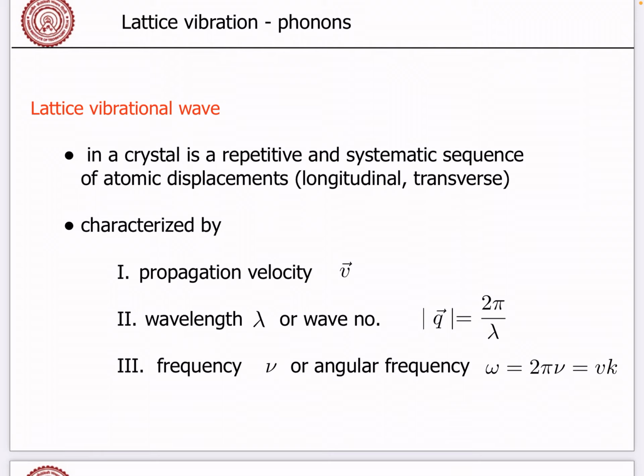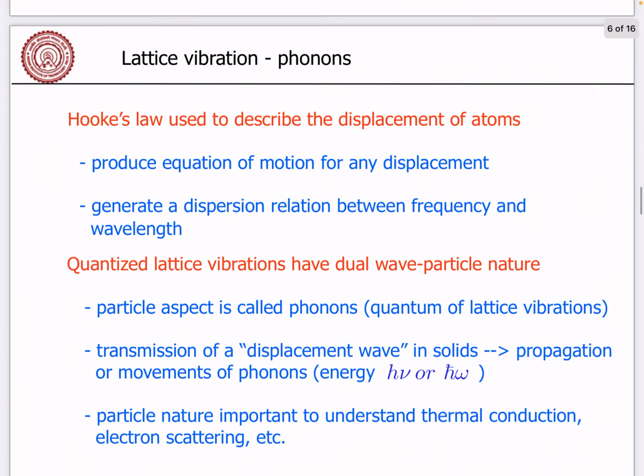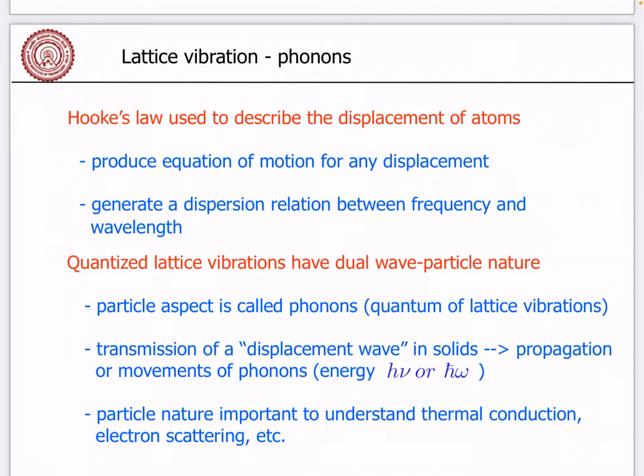Sorry, it should be v times q, okay, not k in this case. Okay, so now what we consider here to understand the lattice vibrations or the phonons. For electrons, you remember that we have determined the dispersion relation. Similarly, here we are looking at the dispersion relation, energy versus wave vector, right?